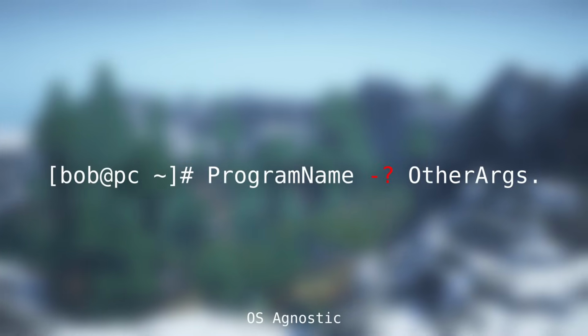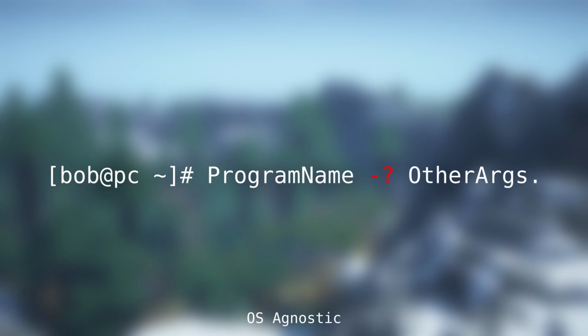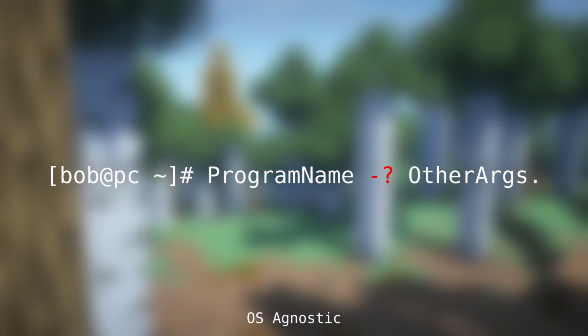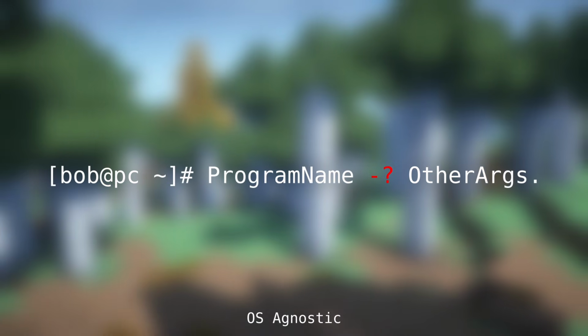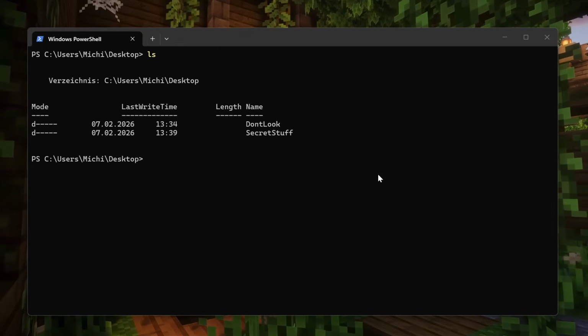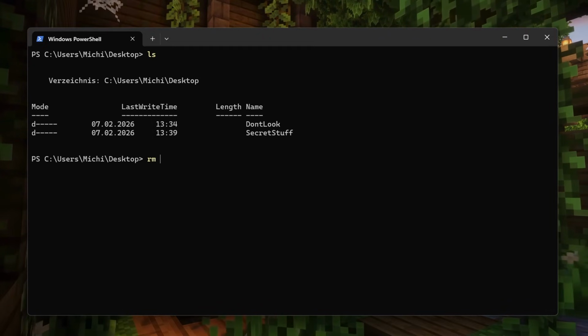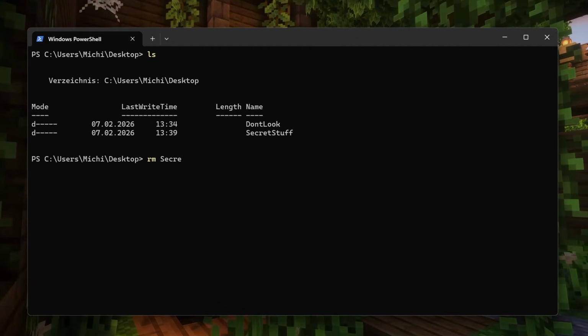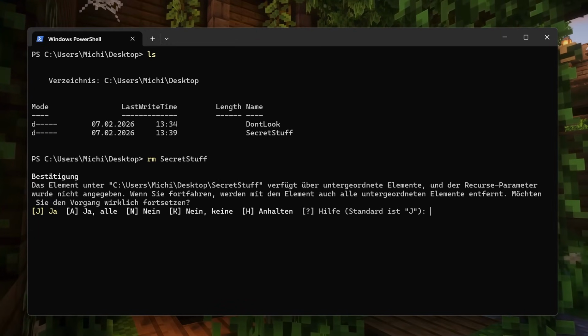But sometimes you need something called flags. Flags are also passed through like your typical arguments, but they are typed with one dash and then followed by one single letter, which is some abbreviation of a behavior that the program should follow. For example, if I have a folder with some contents inside, and I try to delete the folder with the program called rm, it will complain because I didn't specify to delete the folder recursively.